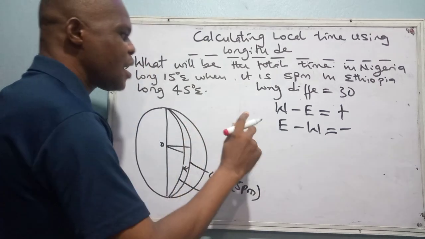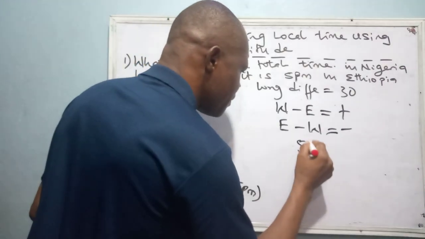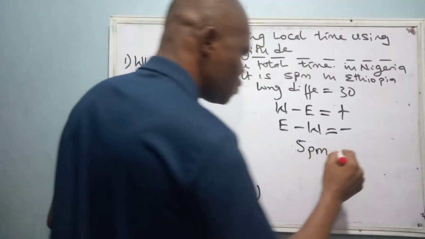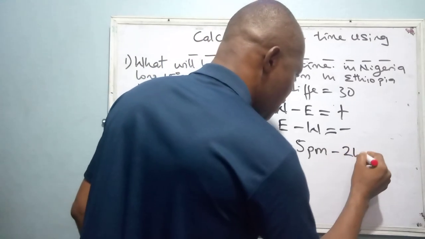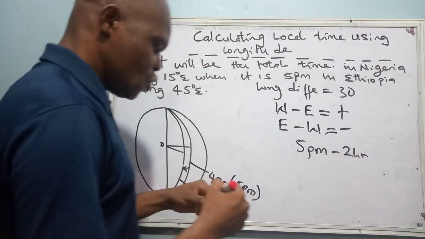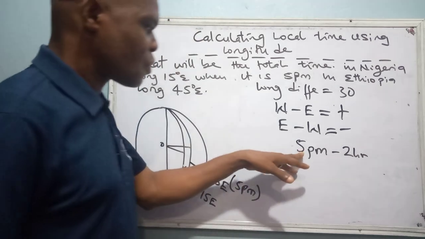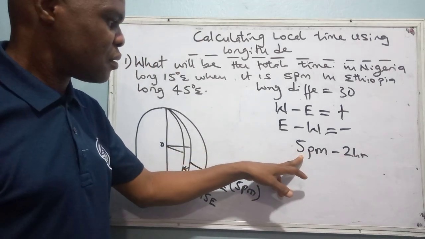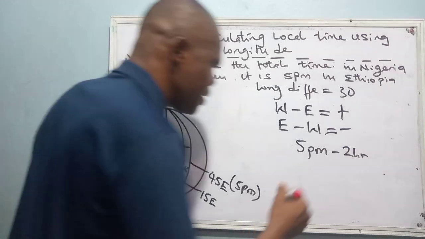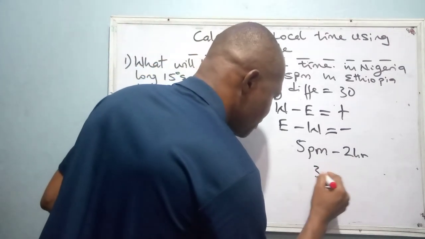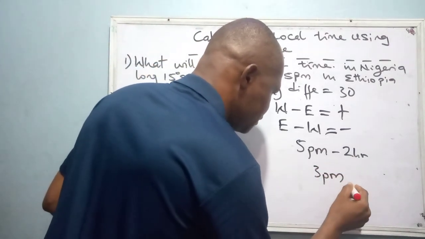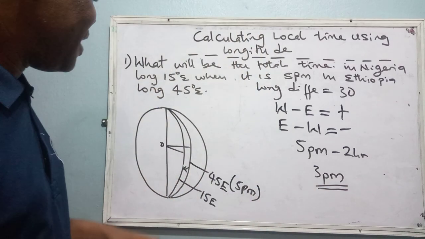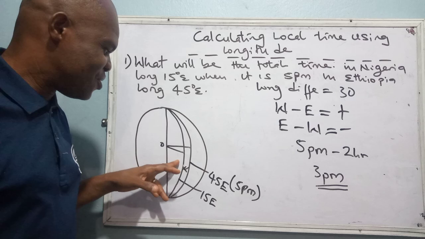So we have our 5 p.m. there minus 2 hours. If you subtract 2 hours from 5 p.m., that gives us 3 p.m. So 3 p.m. is the time in Nigeria.